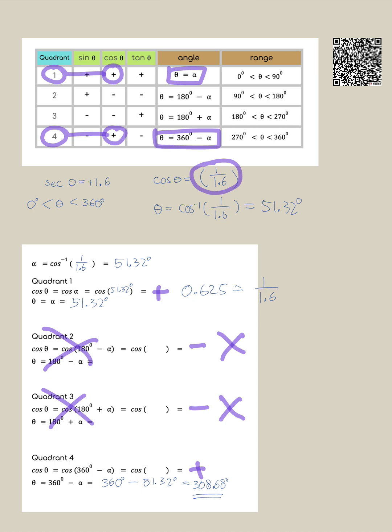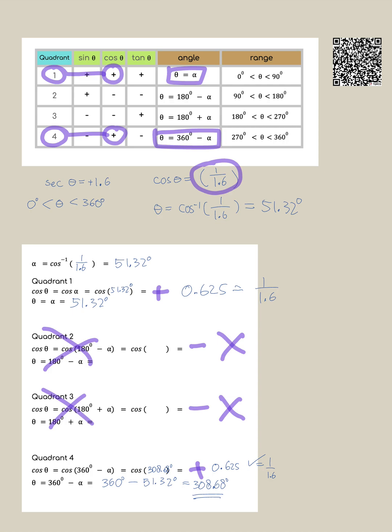How about quadrant 4? We can check that also. Cosine 308.68, you get positive 0.625, which is correct also, because this is 1 over 1.6, which means secant theta will be positive 1.6.